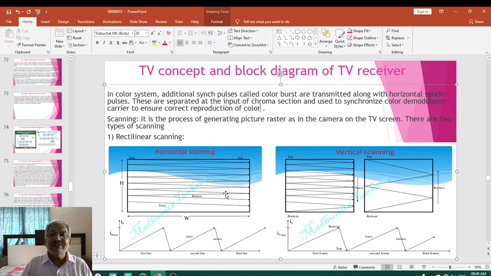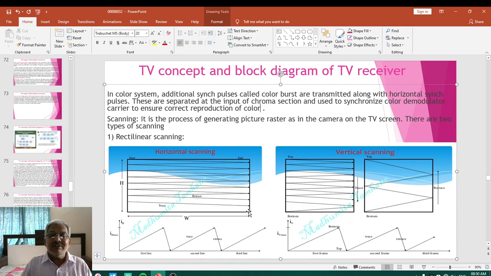until the beam or spot reaches from the top left corner of the screen to the bottom right of the television screen. Thus, the spot has now arrived at the right end of the television screen.